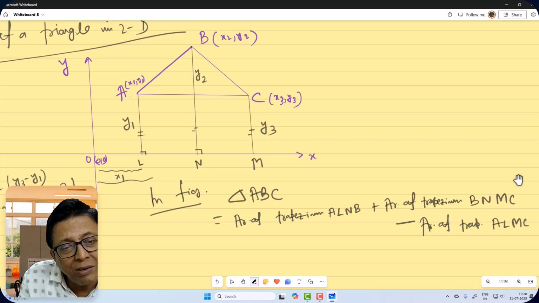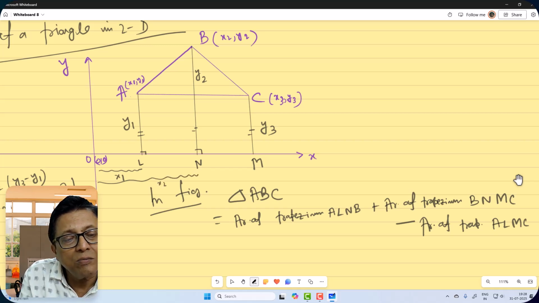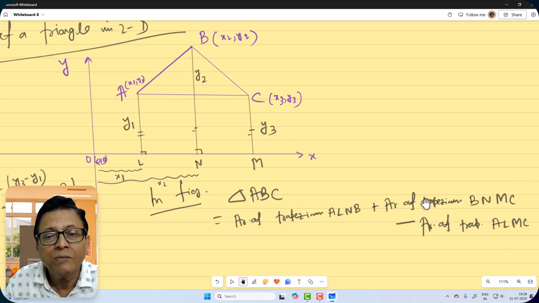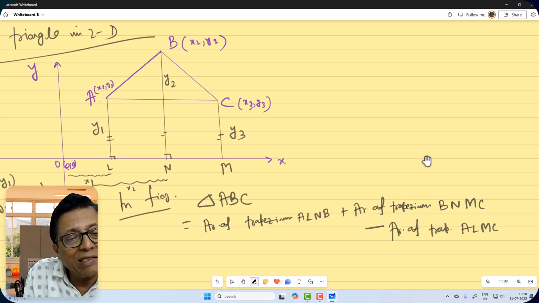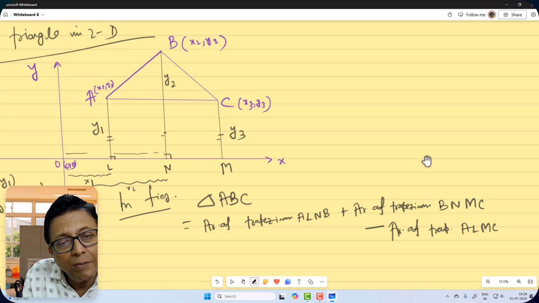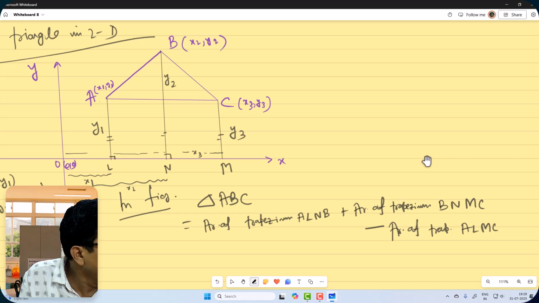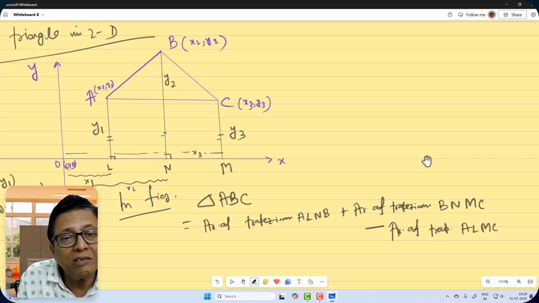This is x1. This part x2. And OM, that part is x3. Agree or not? Because this has coordinate (x3, y3), the origin to this point distance will be x3, and M to C, this distance will be y3. This one is x2 and this is y2. This one is x1 and this is y1.